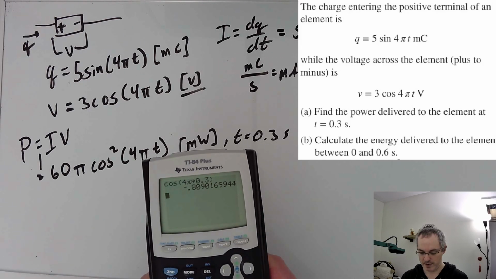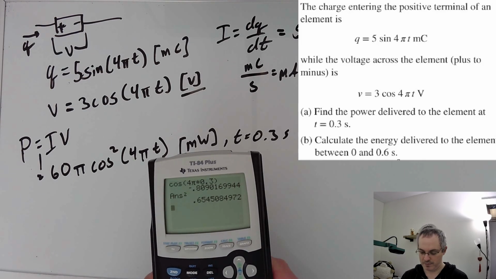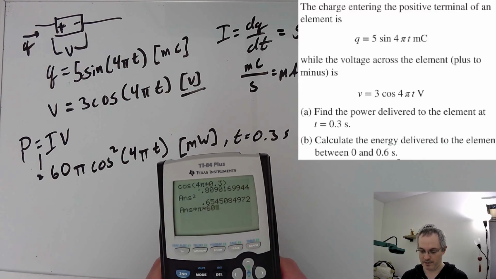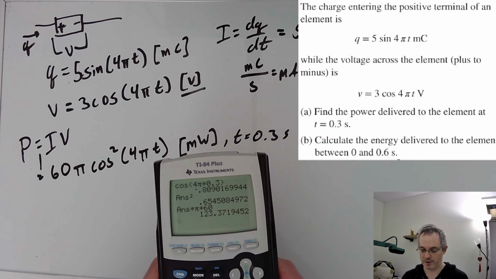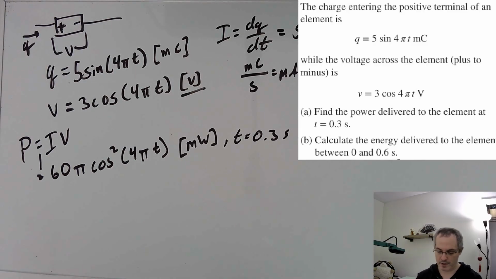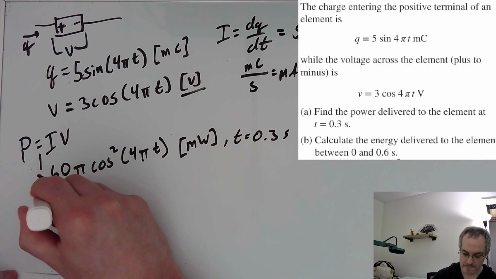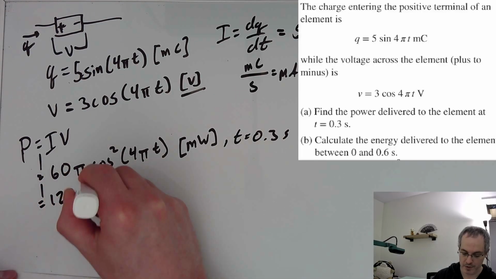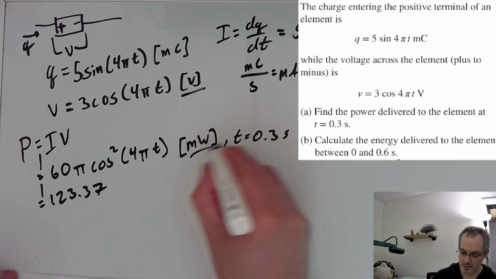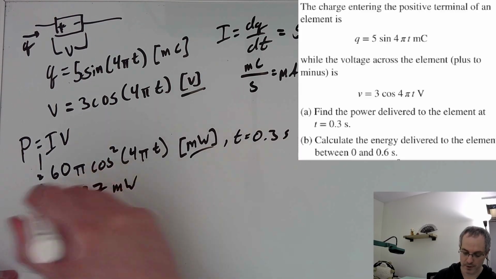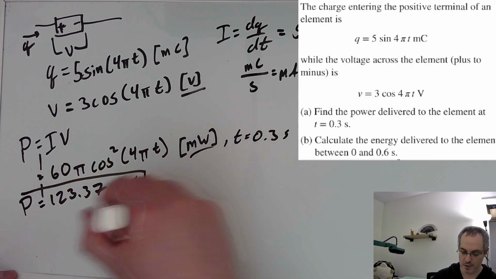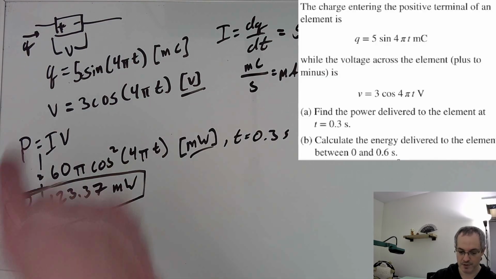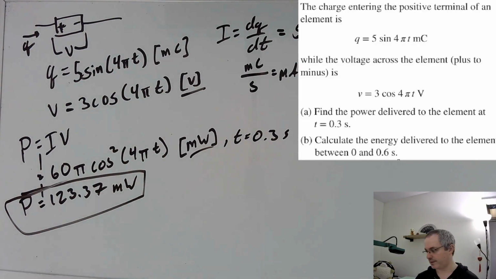We want to square it. So square it, multiply it by pi, and 60. So 123.37 milliwatts. So that is the power being shoved into that positive terminal at 0.3 seconds. Great.